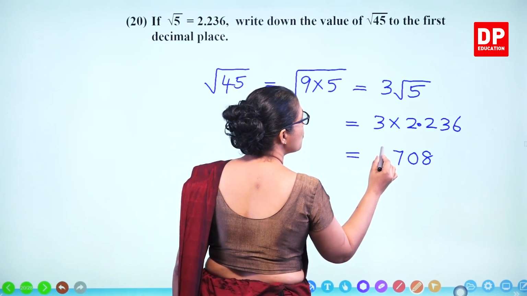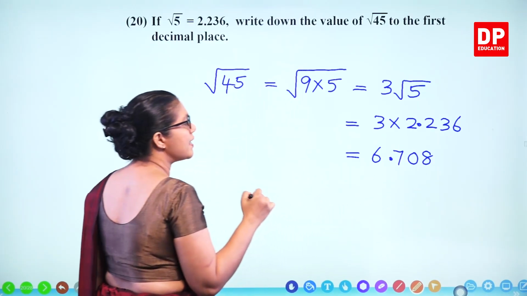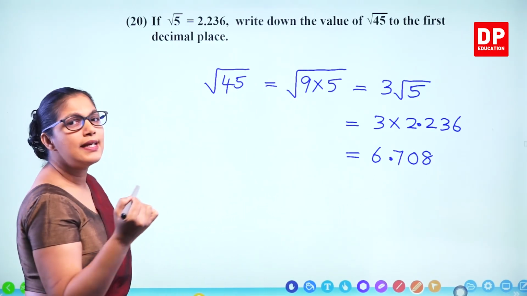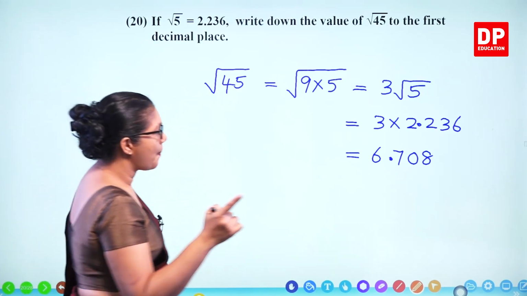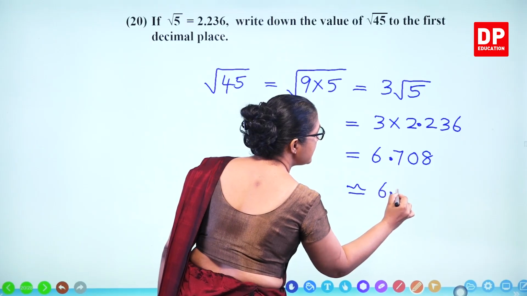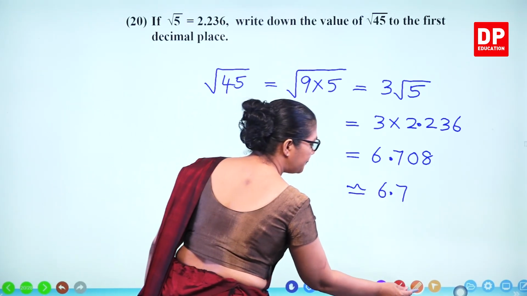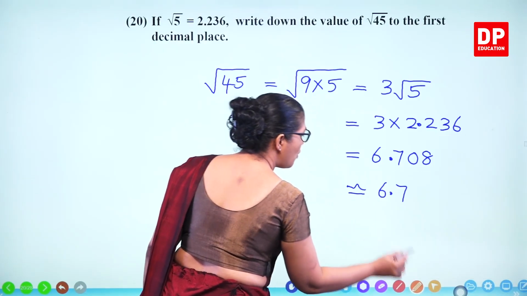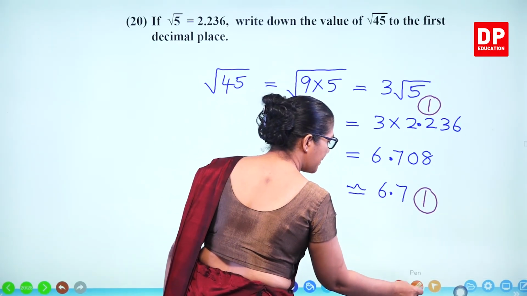And 3 times 2, 6. 3 decimal places. So 6.708 is the answer. But it says first decimal place, so the answer is 6.7. That's the rounded value. So 2 marks, 1 mark here and 1 mark for the method.